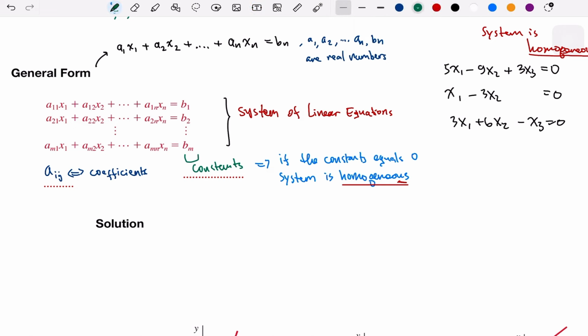Let me write simply: a solution just satisfies each linear equation in the system.